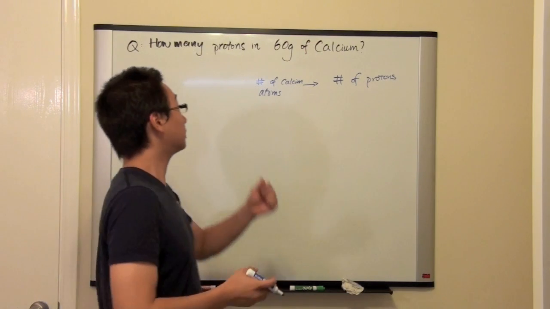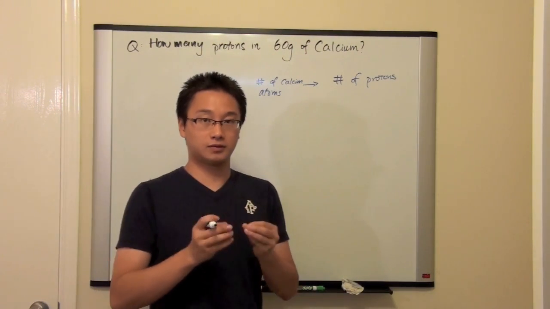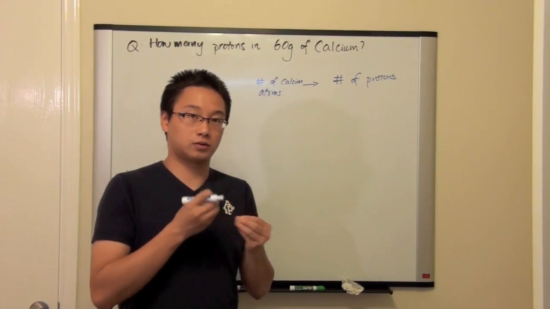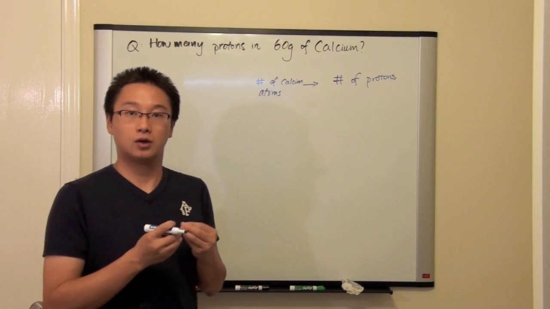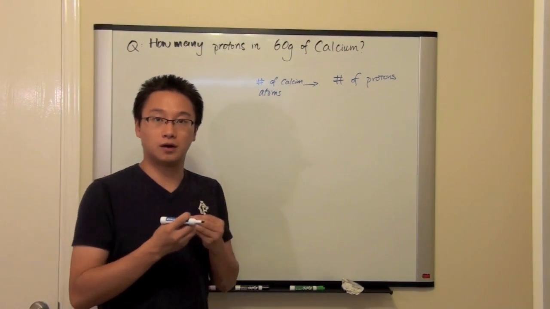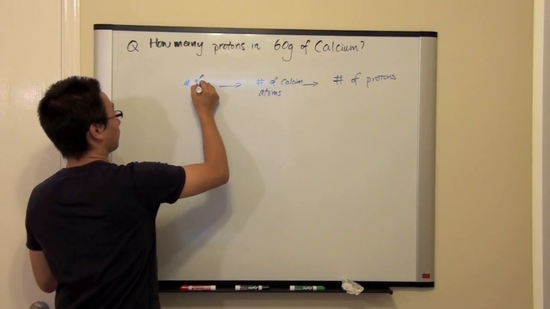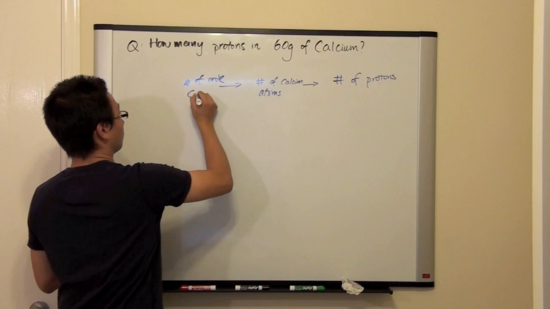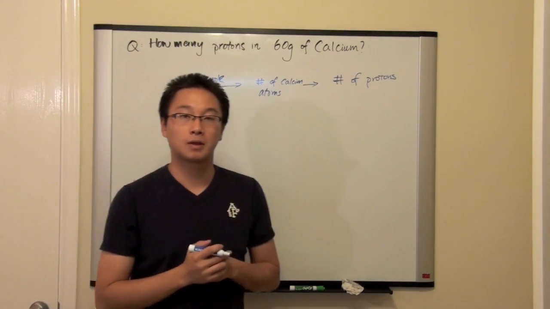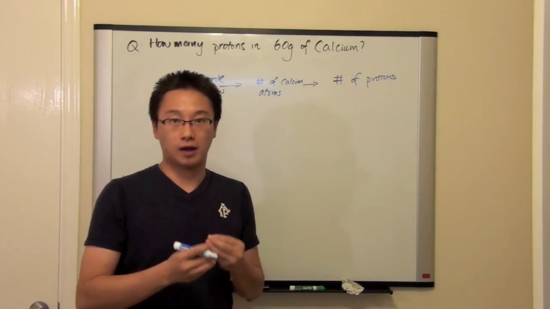Of course, because if we know the mass, there should be a way for us to find out the number of calcium atoms. Here we don't have a really direct connection, but what we can do is find out the number of moles of calcium atoms. And how are we going to find that?